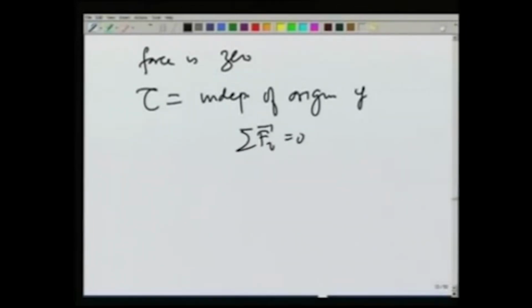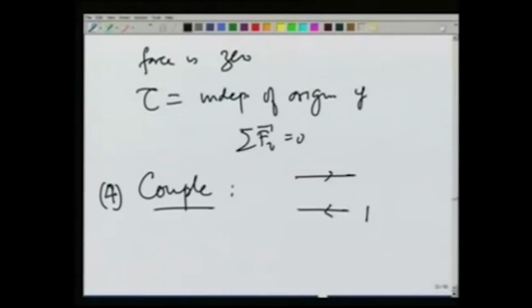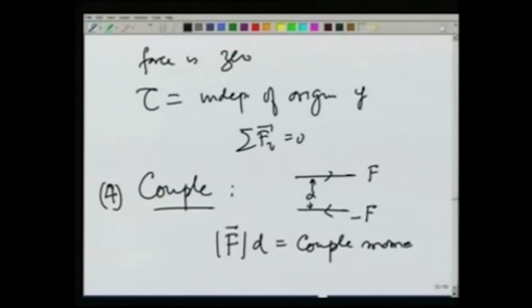And then we looked at a very particular special kind of torque under these circumstances called a couple, which is two equal and opposite forces separated by a parallel distance d. In this case, the force magnitude times d is the couple moment, and the direction you can find by the right hand rule or the cross product rule yourself.